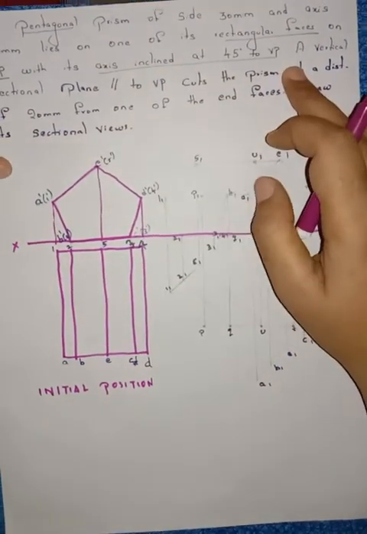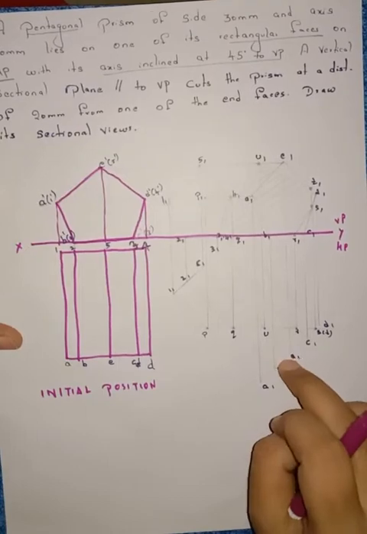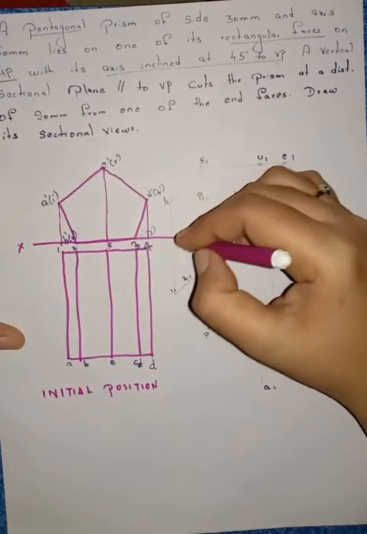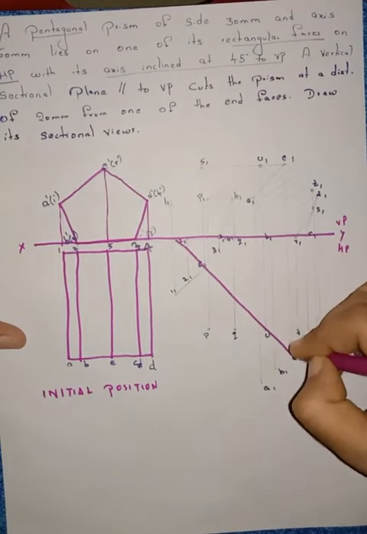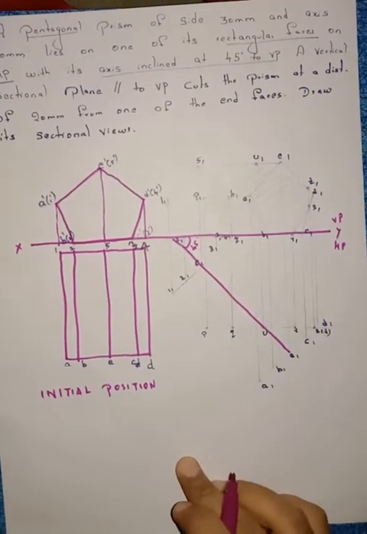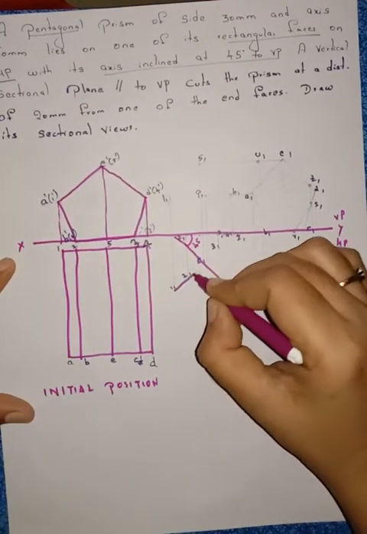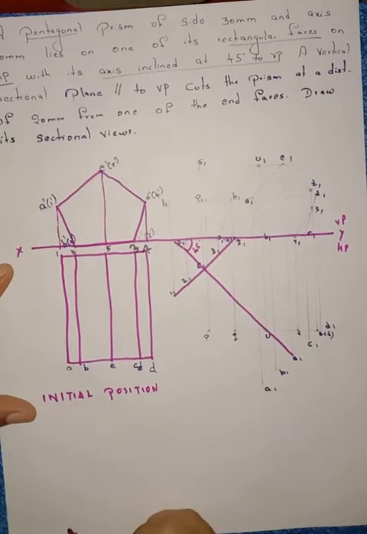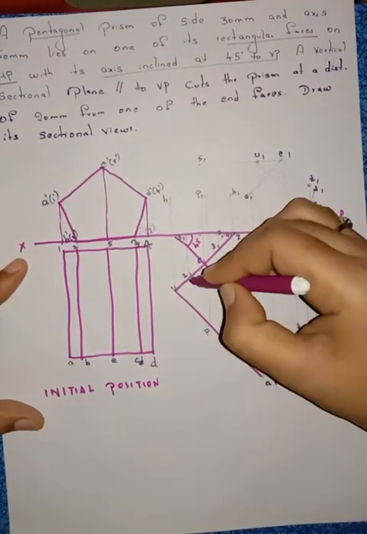Now, what is the next part? Axis is inclined at 45 degrees to VP. To VP means we have to draw the axis here. First draw the axis line of any length at an angle of 45 degrees here. Construct the same prism here. Measure from 1 to 4, trial and error method. Now from here axis height should be 60 mm.